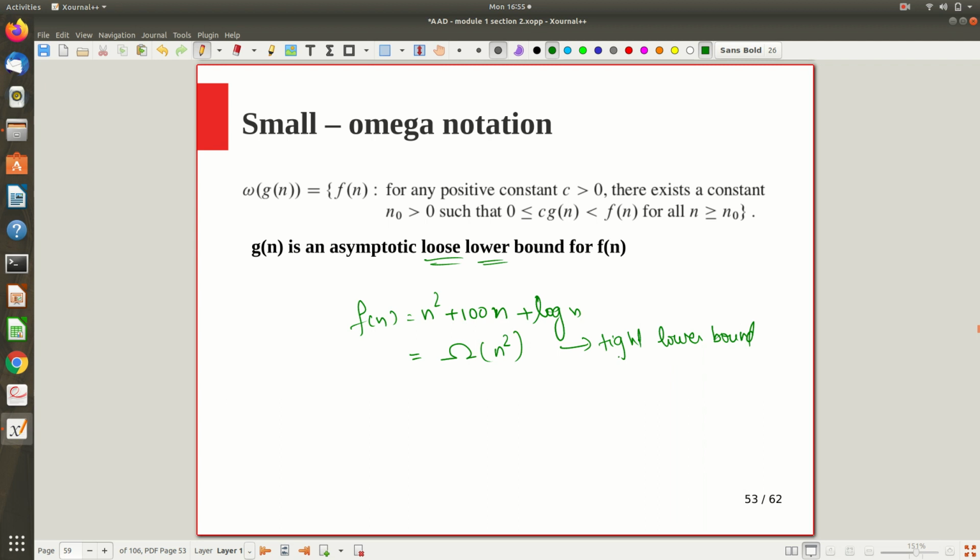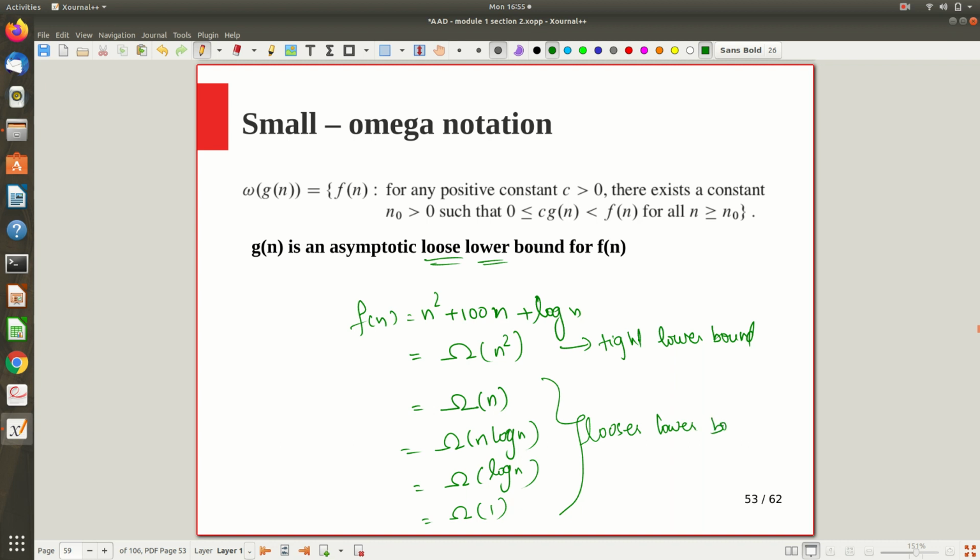But now you can think of many loose lower bounds. It is lower bounded by n also, and by a smaller value, say n log n also. It is lower bounded by even log n, and by 1, which is just a constant. All these are looser lower bounds, right? These looser lower bounds you can denote using a notation called small omega.